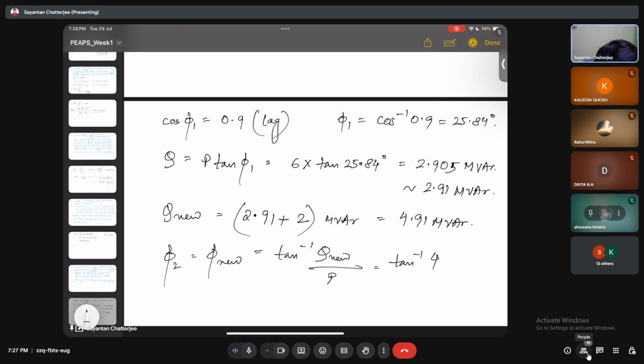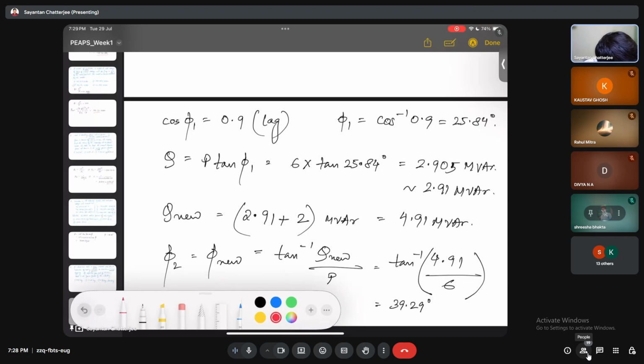So tan inverse of 4.91 by 6. Just calculate. You will get 39.29 degrees.